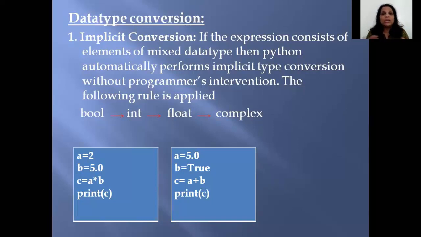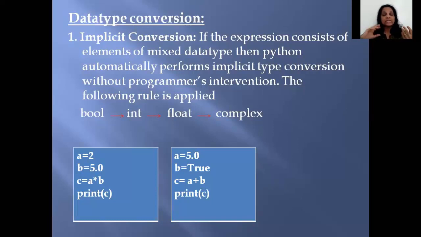Okay, so how do I convert it to a float? 1.0, correct? False is taken as 0. How do I convert it to a float? 0.0. So here I have said C is equal to A plus B. A is float, B is Boolean. Now it has two mixed data types. So what will the interpreter do? It will convert B to float.